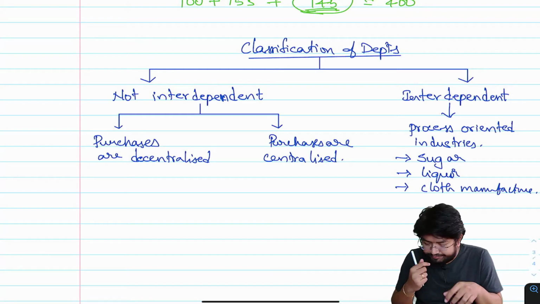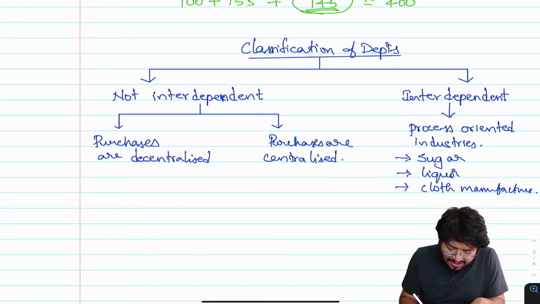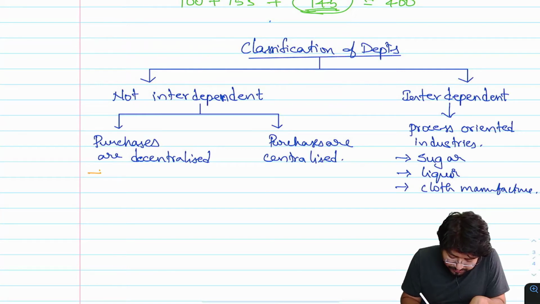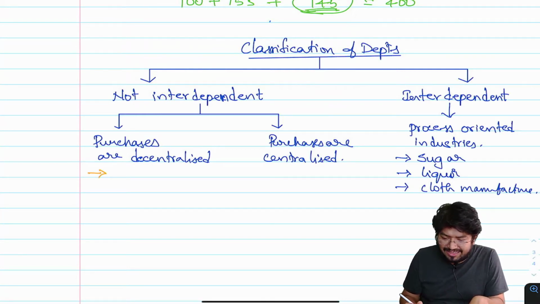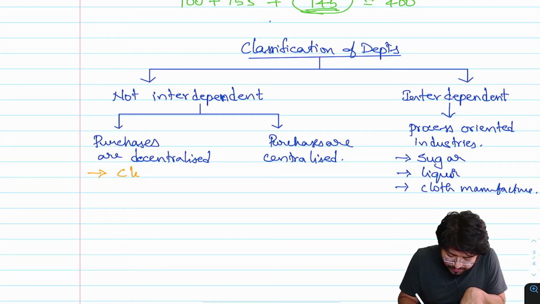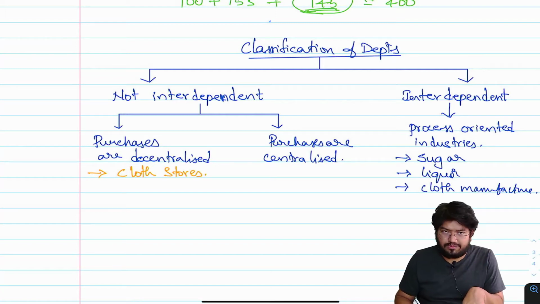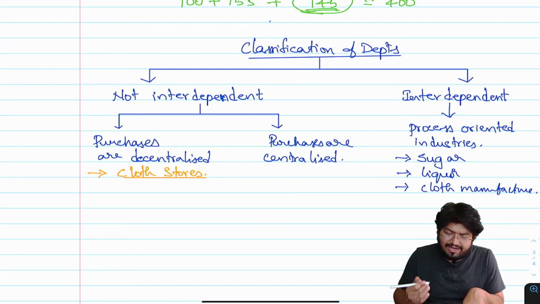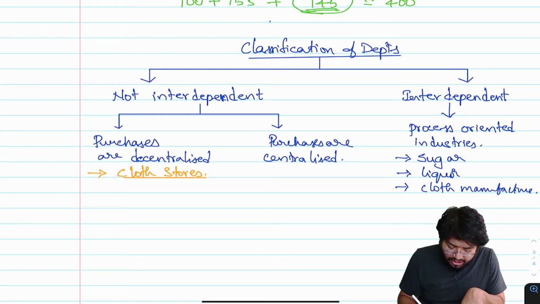Now, what does it mean when purchases are decentralized? In case purchases are decentralized, it indicates that, say for example, if you take cloth stores or shopping malls. Okay, so in a big shopping mall, you will have multiple varieties of clothing available. What kind of clothing would be available?